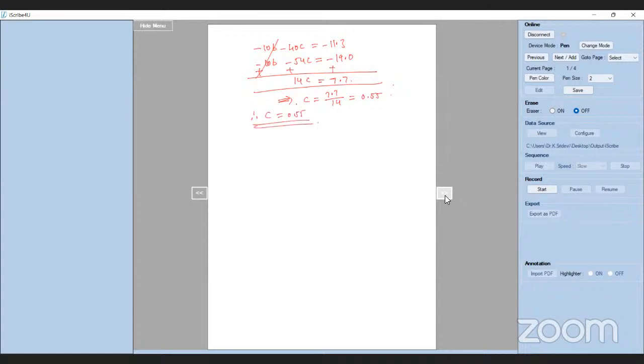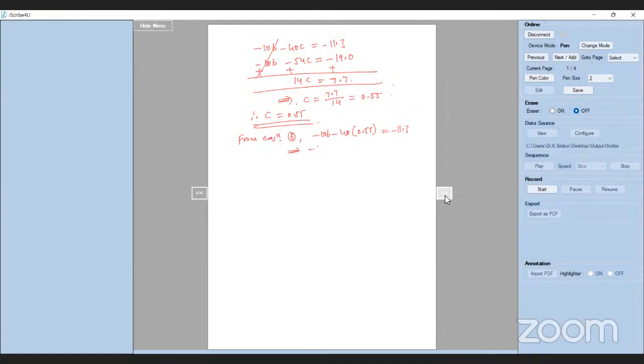From the C value, we can get the B value from either equation 6 or 7. Substitute the C value in equation 6: minus 10B minus 40 into the C value is equal to minus 11.3.